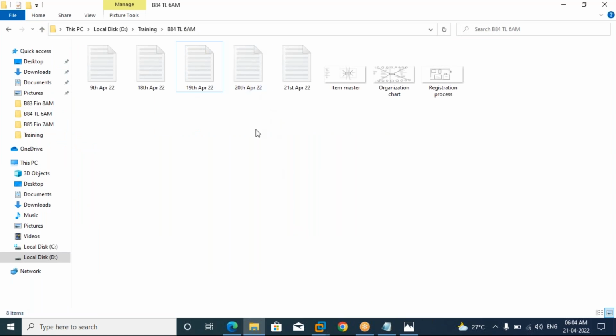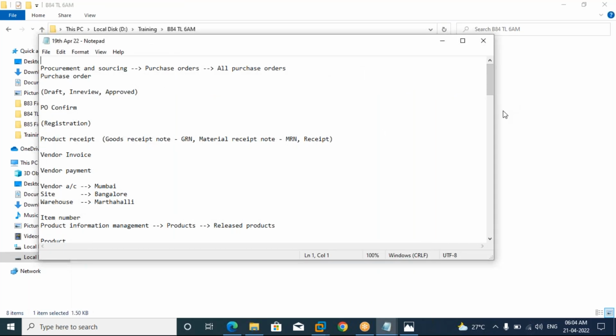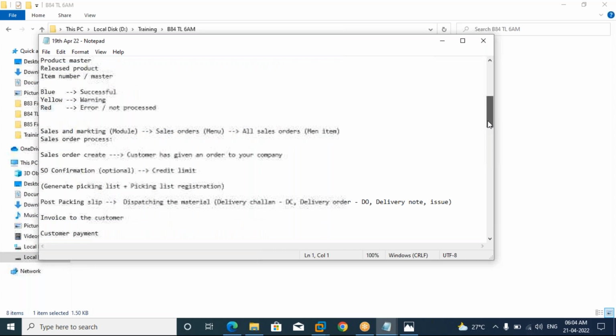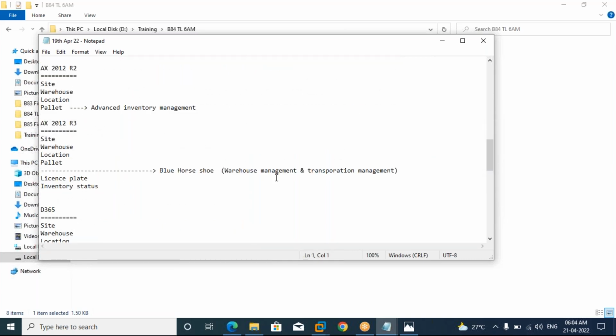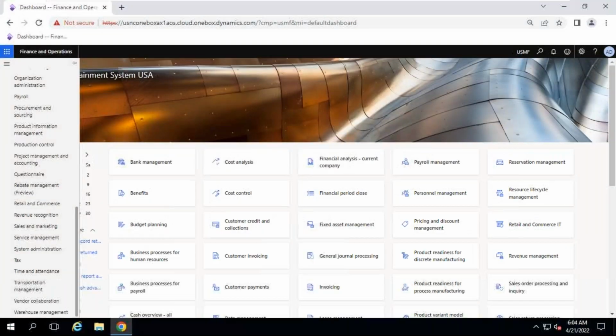Next. I have a question. In D365, the warehouse management and the transportation are merged on the license plate? Yeah, in warehouse management, yes, license plate and inventory status are part of this warehouse management module. Is my answer fine, or is your question different from my answer?